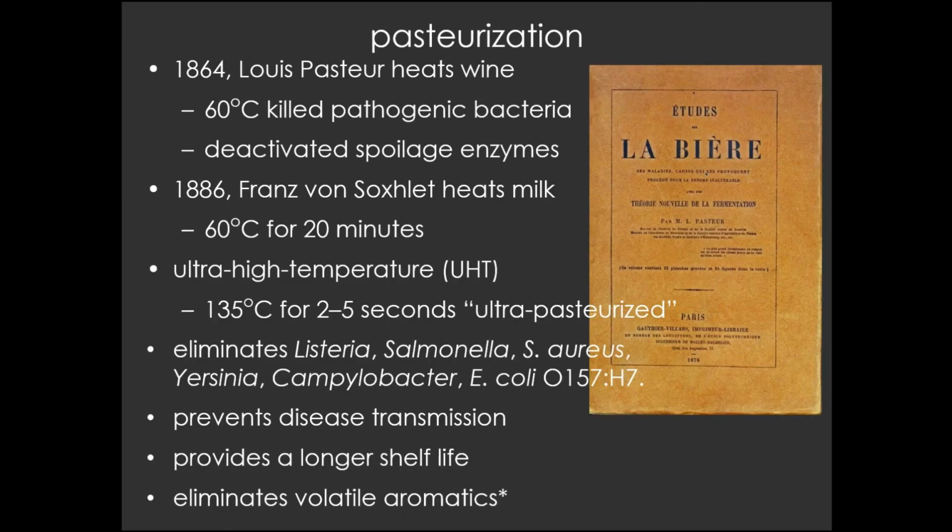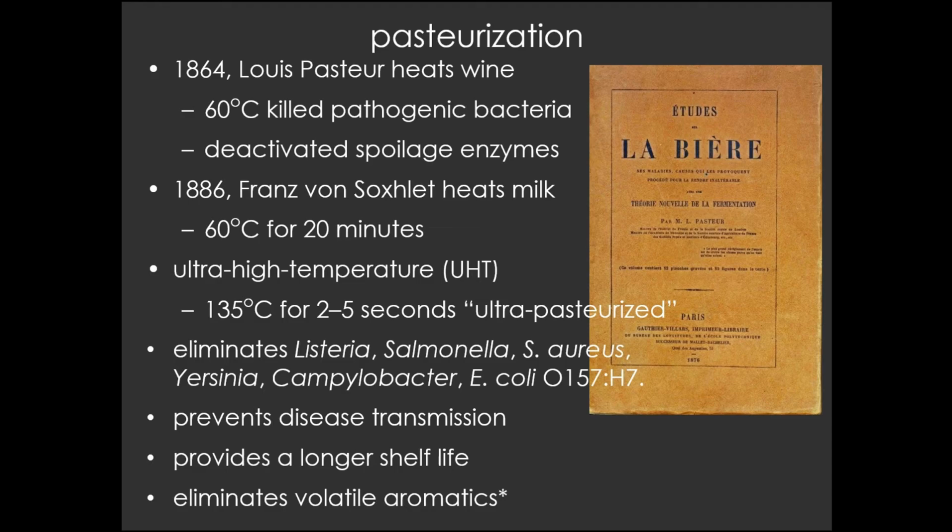As we mentioned, this is not a new concept, and in fact, Louis Pasteur came up with something that he called pasteurization in the 1800s, where he was actually heating wine at 60 degrees in order to kill pathogenic bacteria and deactivate spoilage enzymes.